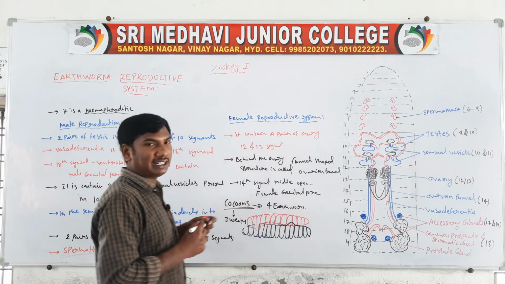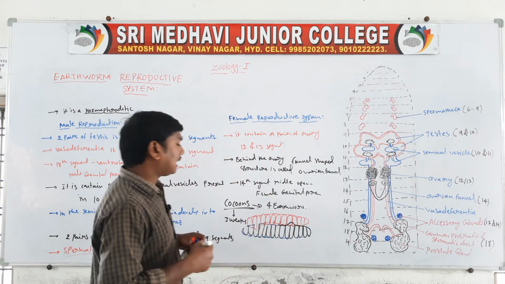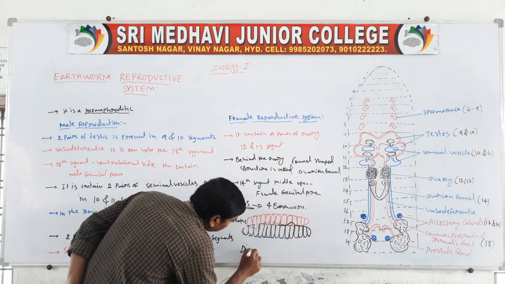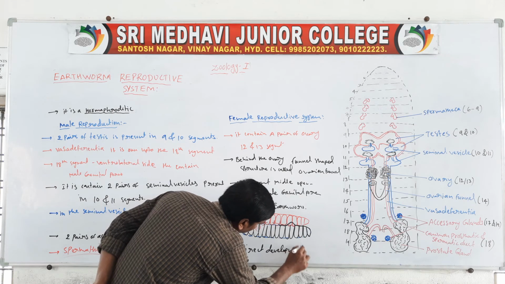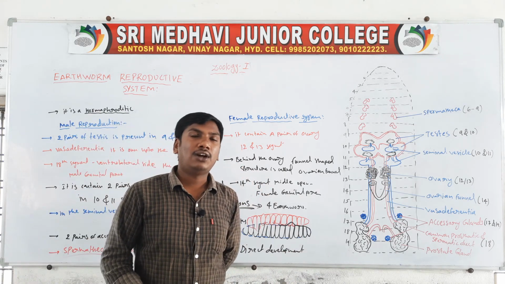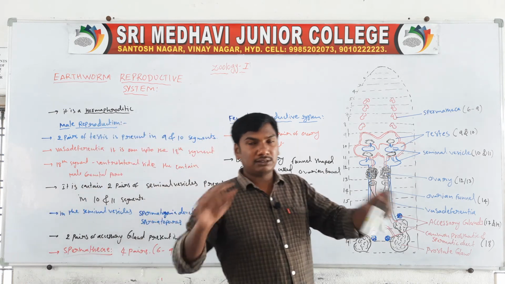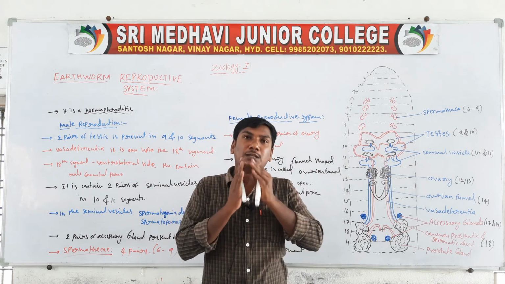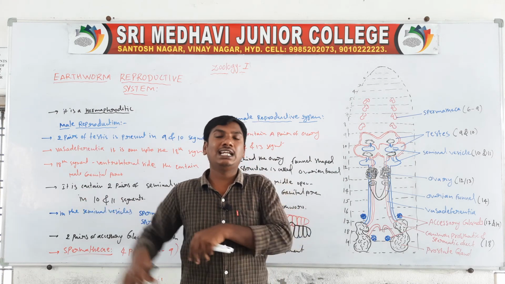The development is a direct development, which means there is no larval stage. A single earthworm contains both male and female reproductive systems, but the male reproductive system develops early. The female develops later.